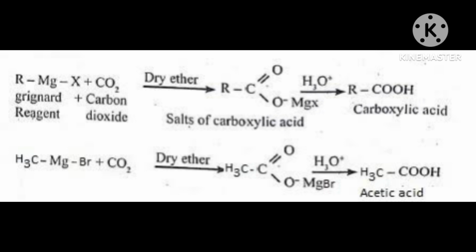Correct? Because Cl is gone, carbon has a positive charge, and OH minus will join with carbon. Hence you will get RCOOH, or if Na stays, you will get the carboxylate ion.